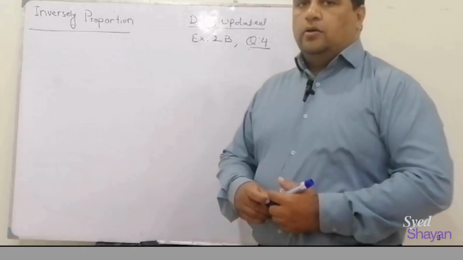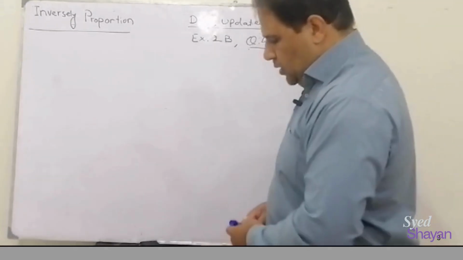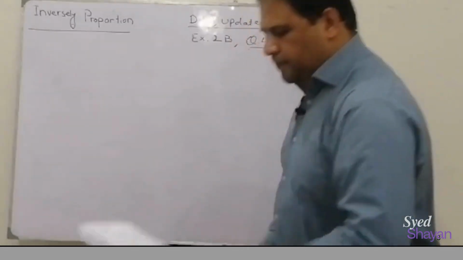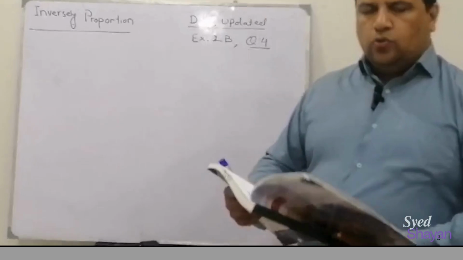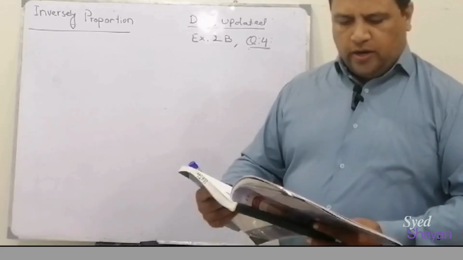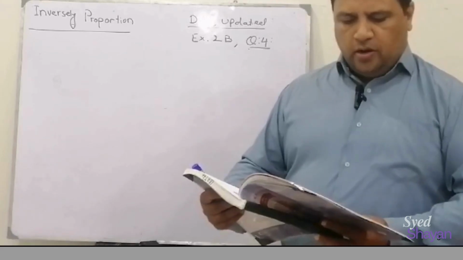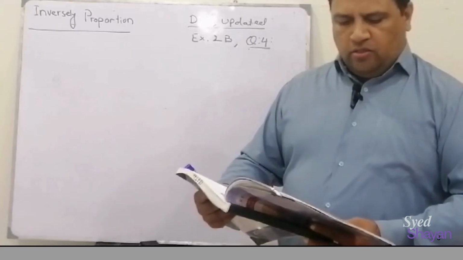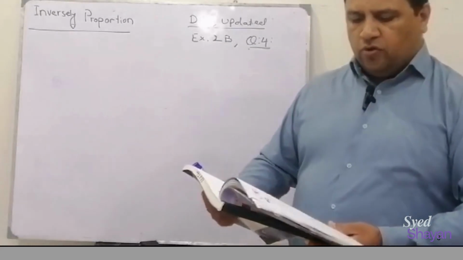Let me read the question: if a consignment of fodder can feed 1260 cattle for 50 days, given that all the cattle consume the fodder at the same rate. Part 1 is find the number of cattle the consignment of fodder can feed for 75 days.